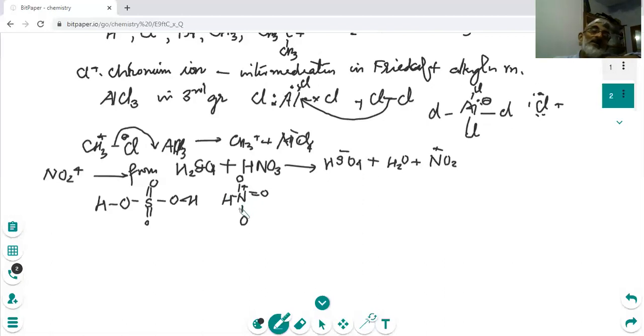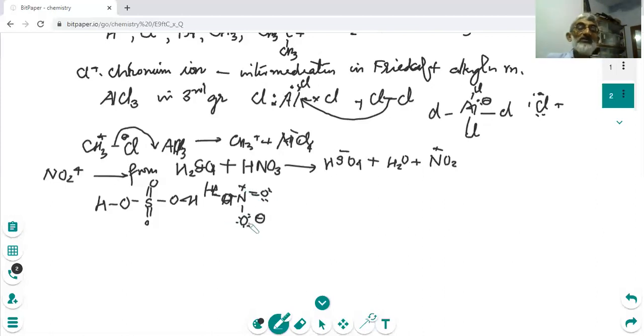Oh, I made a mistake here. With 2 lone pairs of electrons here and 3 lone pairs of electrons here, with a negative charge, and nitrogen carries a positive charge.